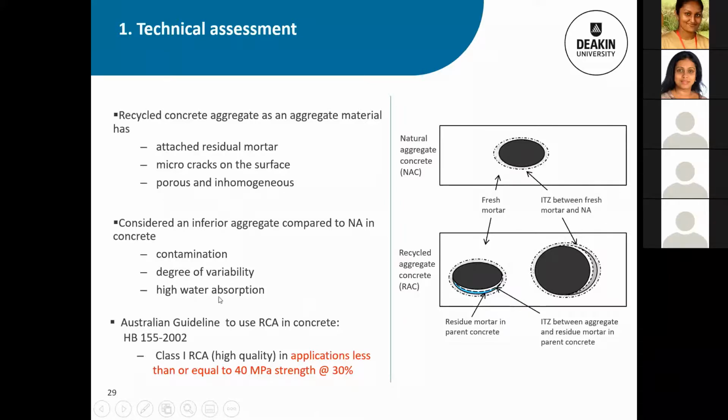Also, because of residual mortar, it has high water absorption. The current Australian guideline specifies using it for strengths less than 40 MPa at a 30% replacement scenario, with recycled concrete aggregate complying with a certain quality standard.